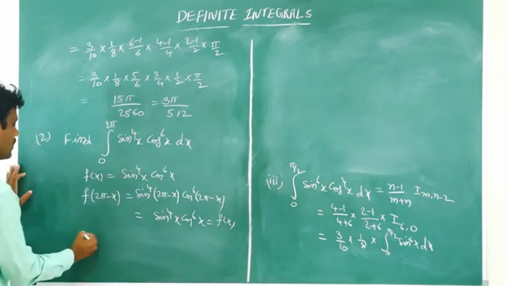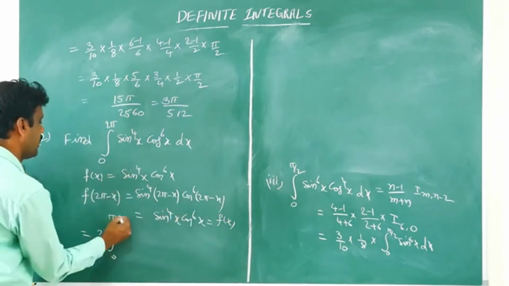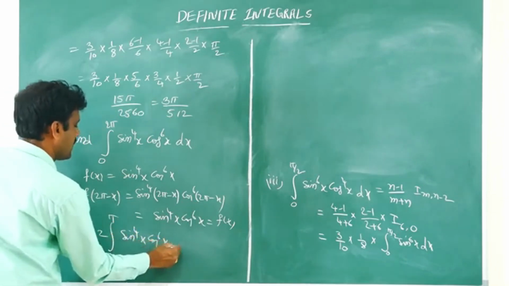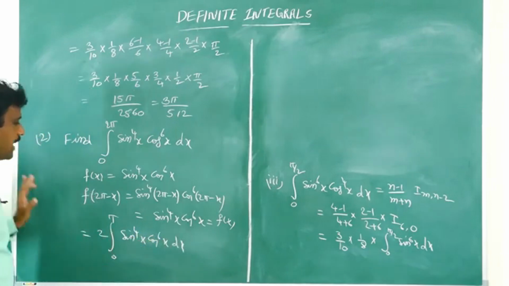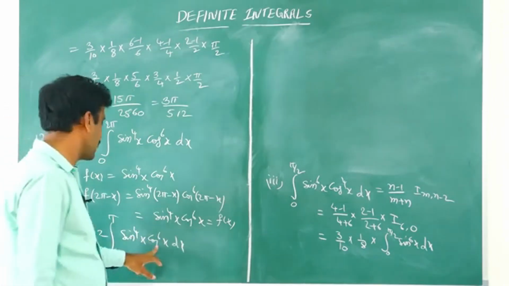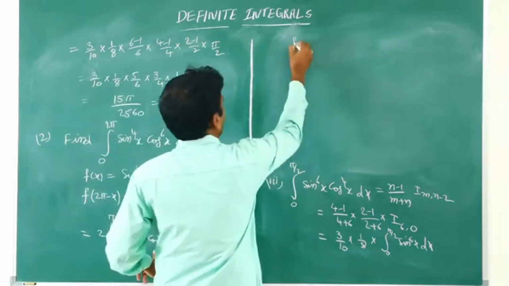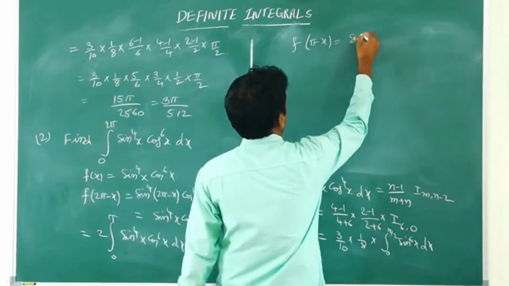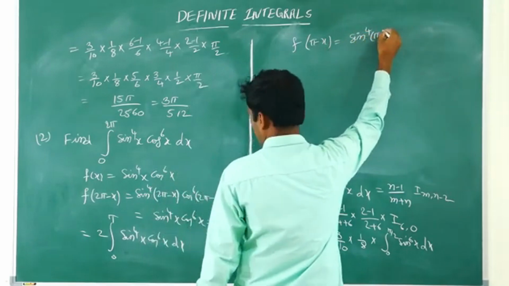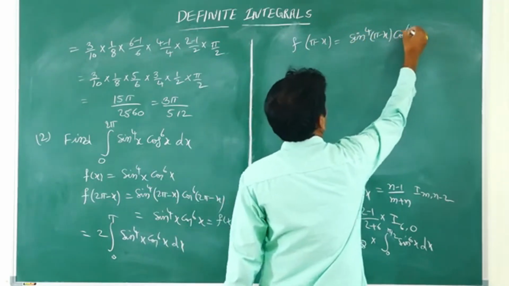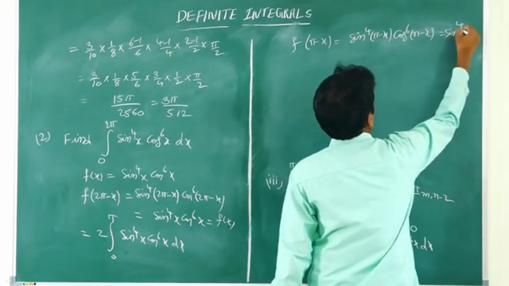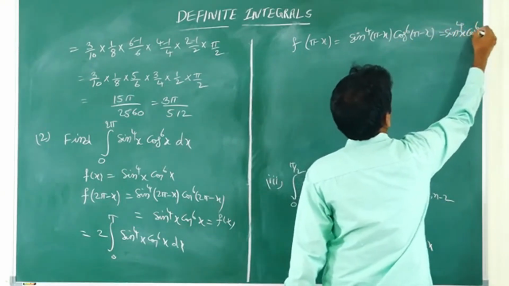Therefore this value becomes 2 into the integral 0 to pi of sin power 4x cos power 6x dx. Again f of x equal to sin power 4x cos power 6x. f of pi minus x is sin power 4 of pi minus x, cos power 6 of pi minus x, which is sin power 4x cos power 6x.